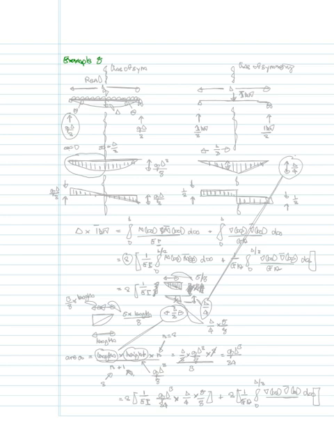So let's start off with the real beam. It's simply supported under a UDL of Q. The deflected shape would be expected to look like that.